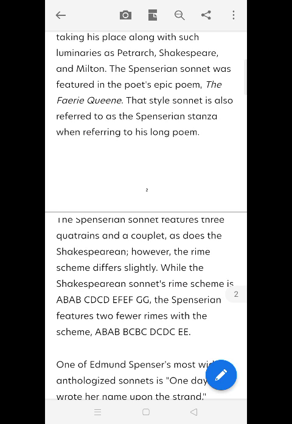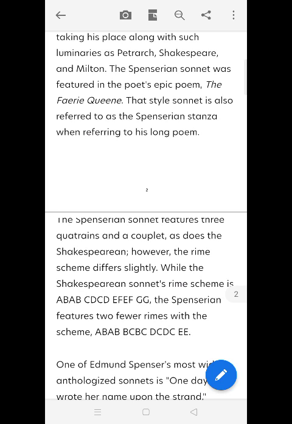Like the Shakespearean sonnet, it has the same features, but a slight difference between the Shakespearean sonnet and the Spenserian sonnet is regarding the rhyme scheme. In Shakespearean sonnets, the rhyme scheme is A B A B, C D C D, E F E F, G G. But in Spenserian sonnets, the rhyme scheme is A B A B, B C B C, C D C D and E E. So it is formed by 3 interlocked quatrains and a couplet.